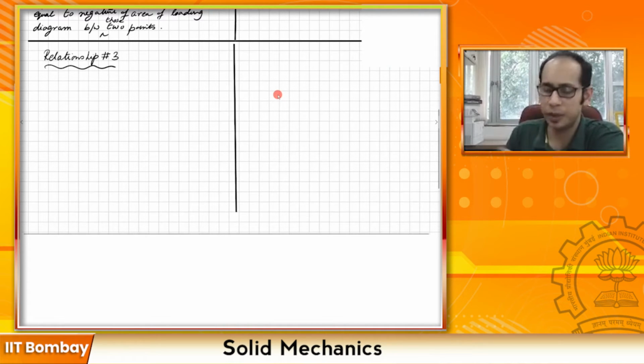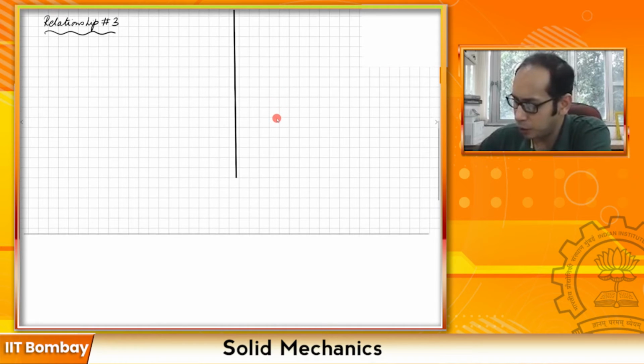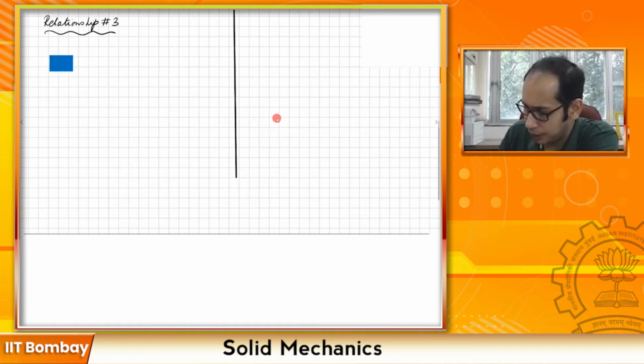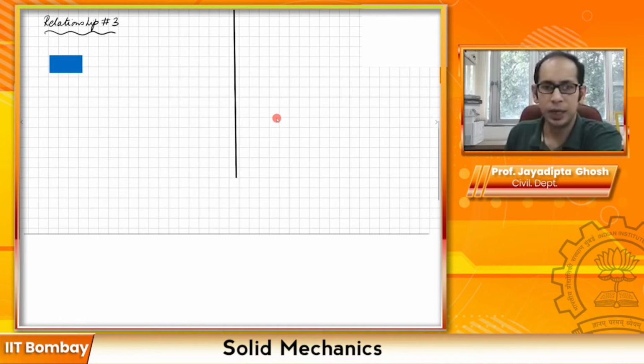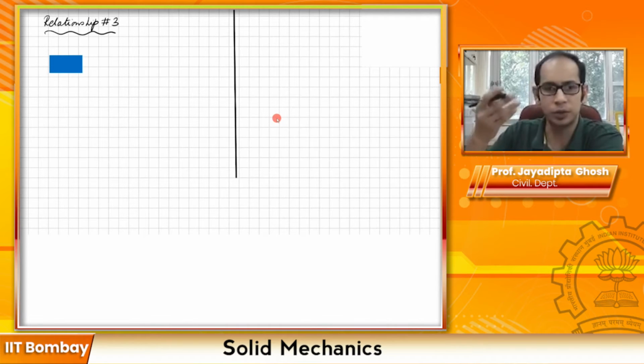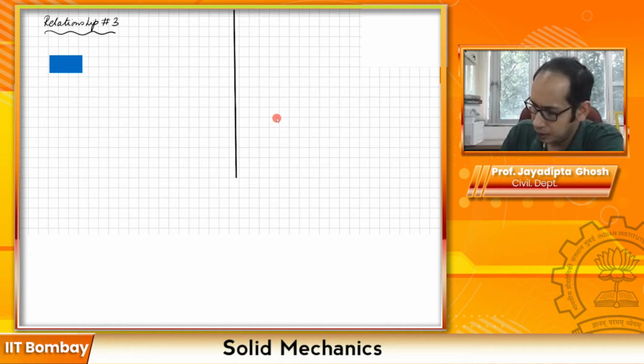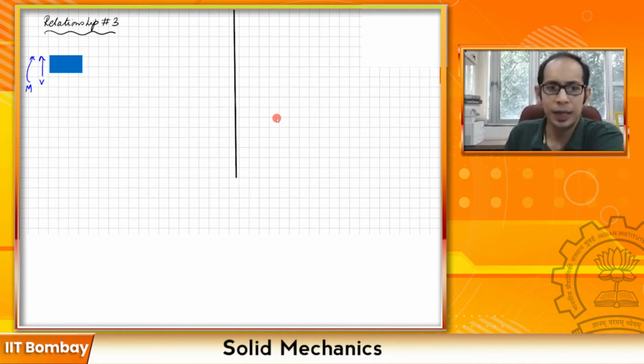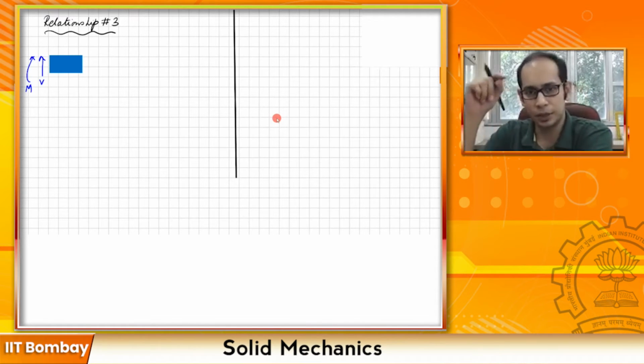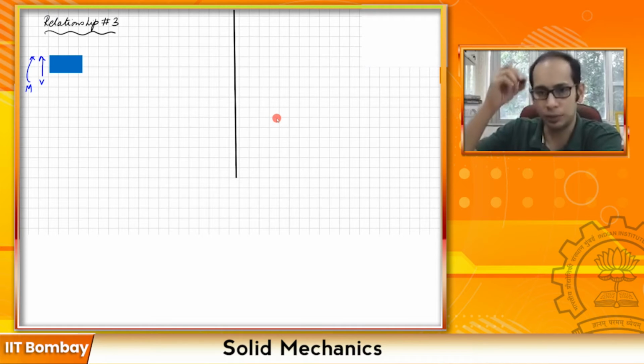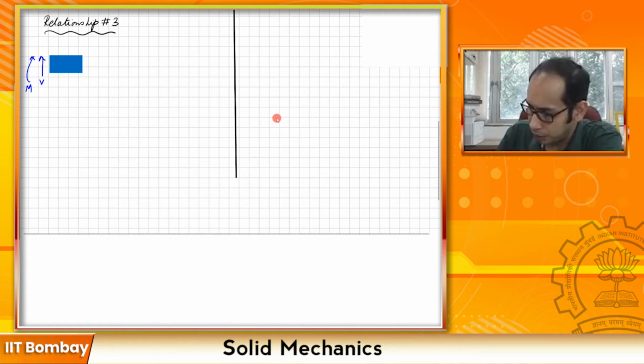So in relationship 3, suppose we are looking at a small element as we were looking at before, right? And say this element at the left end has our regular convention, V and M. And let's say on top of this element, instead of the distributed load, I have a concentrated load.